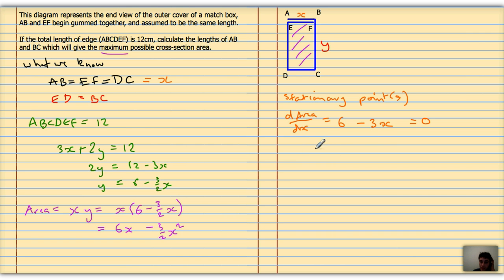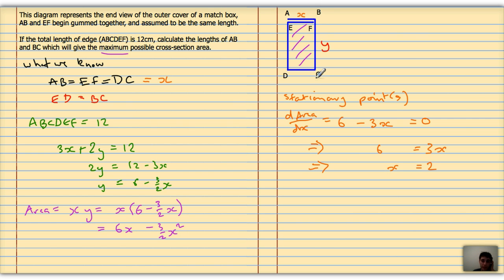So when we set that equal to 0, we can solve for x. So that means that 6 equals 3x by adding 3x to both sides, which means that x equals 2. Okay? So x equals 2 will maximize our surface area, or our area.